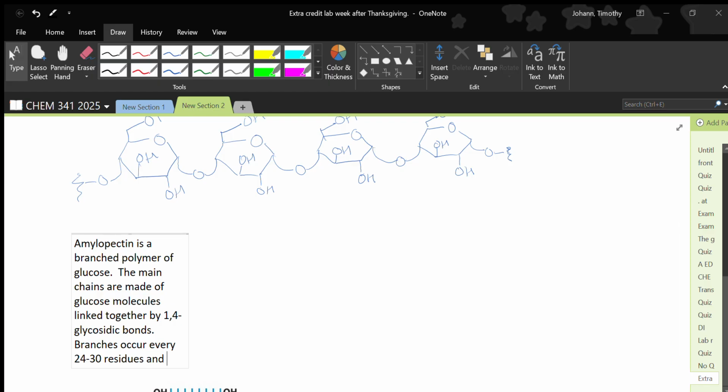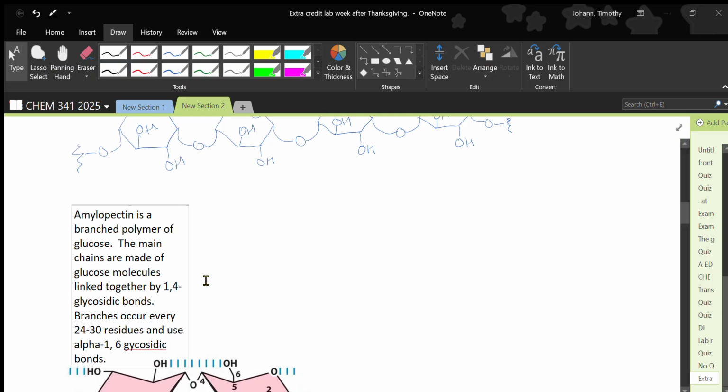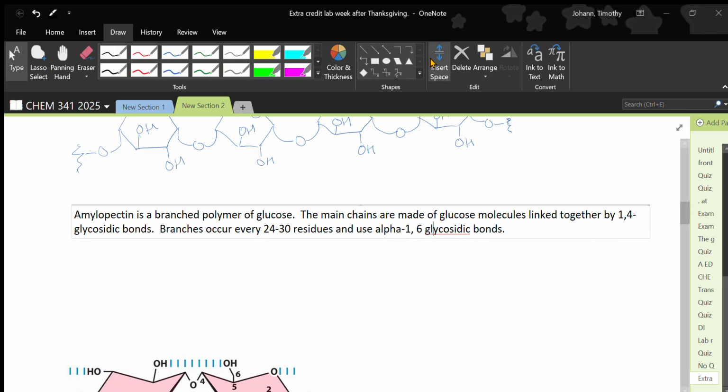And the branching is an alpha 1,6 glycosidic bond, so we use alpha 1,6 glycosidic bonds.